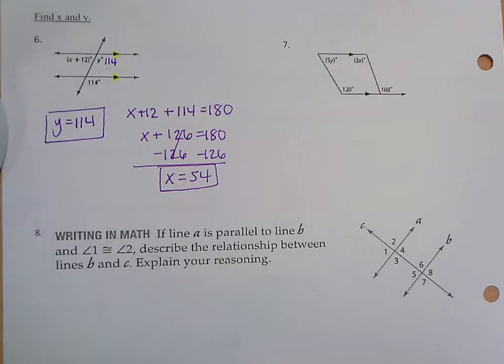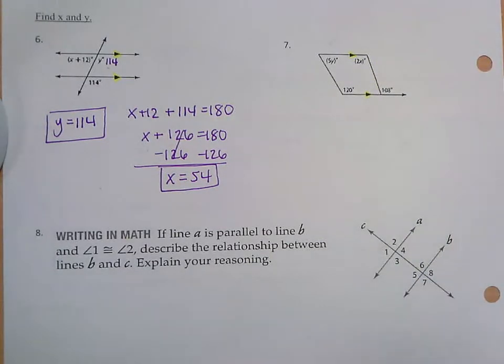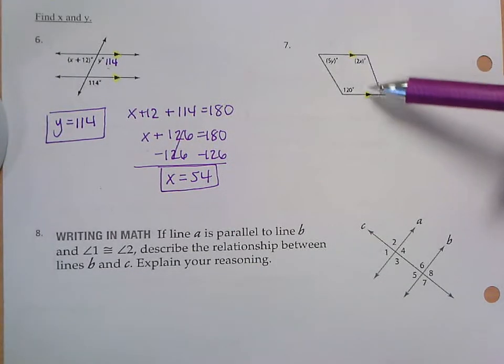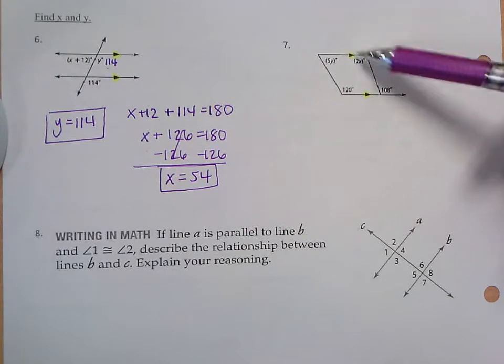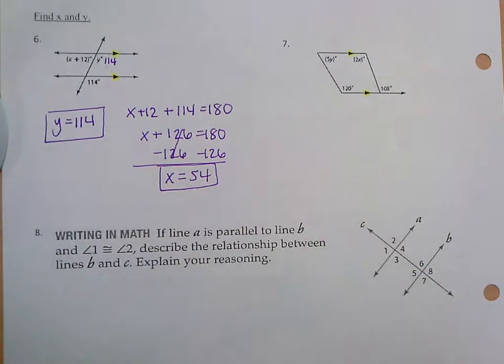7, the diagram for 7 is a little weird. At least I think it is. Okay, so here I do want to show you one thing you could do when you have a picture like 7. Because I do see, I need your attention please, I do see parallel lines here, or parallel segments. What you can do is you could extend them.